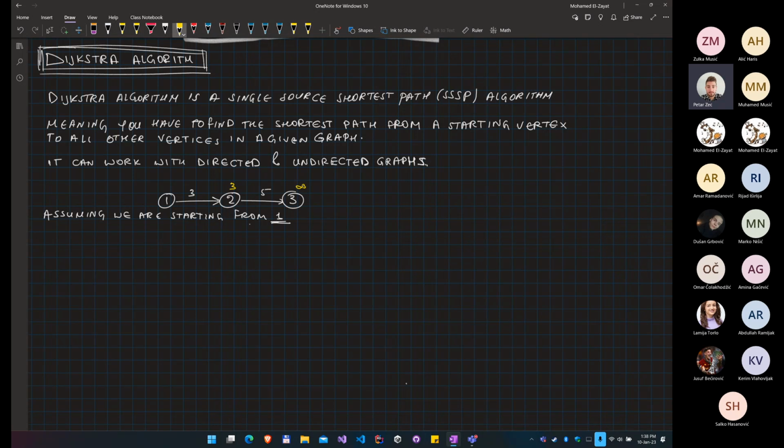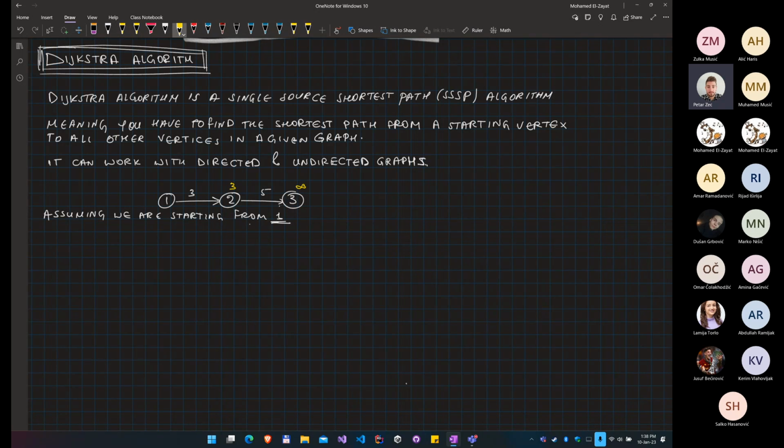Now, once we have reached 2, we see what else is connected. And we need to choose the one with the minimal cost. The only thing which is connected happens to be 3. Now, what you look at is, aha, how can we update the cost of 3?